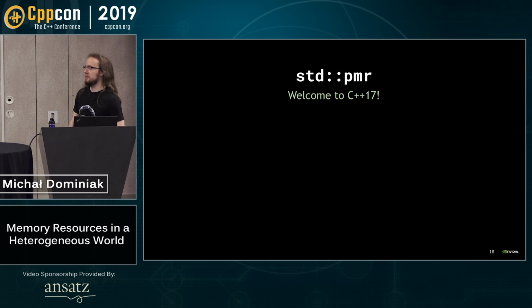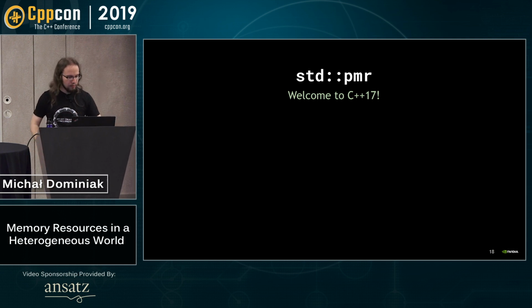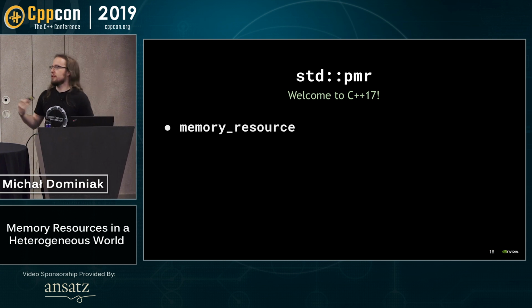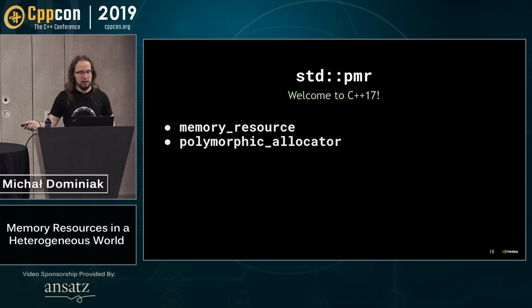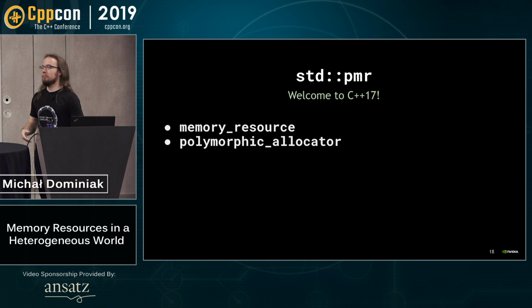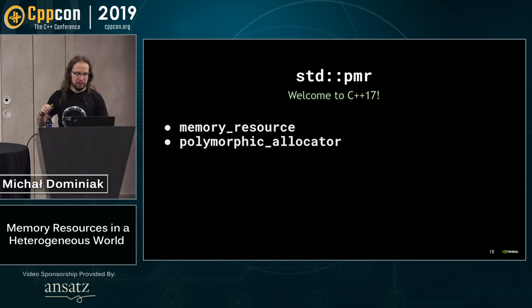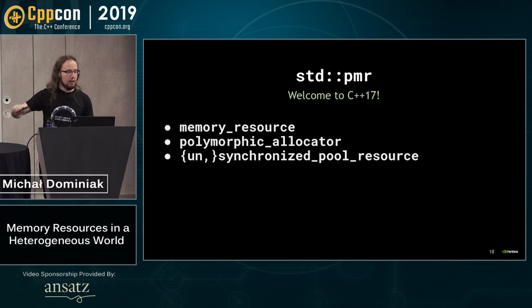Okay, so welcome to C++17, two years ago. We have memory_resource, the virtual base class. We have polymorphic_allocator, which essentially amounts to the allocator that you've seen that had a memory resource pointer. There's a few weird caveats about that, but let's not go there.